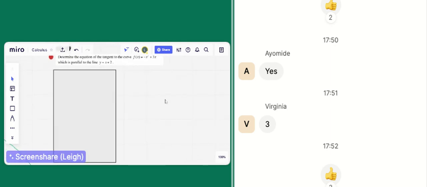And I think this is going to have to be our exit ticket. Okay, so you have to determine the equation of the tangent to the curve. I hope everybody can see that. Is it big enough? Let's just make it a bit bigger, which is parallel to the line y equals x plus 2. Okay, so I'm going to be quiet.